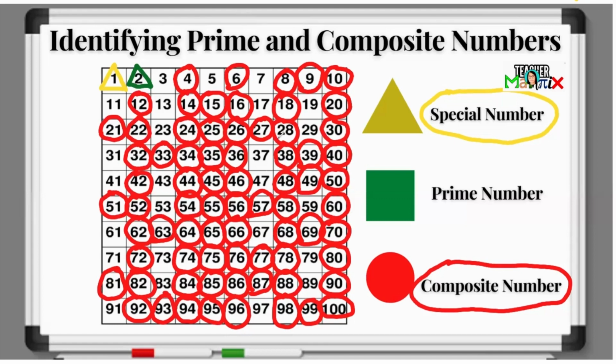Are there composite numbers that are not yet found here? Okay, 91. 9 plus 1 is 10, which is not divisible by 3. But 91 is divisible by 7. So let's encircle this because 91 is a composite number.